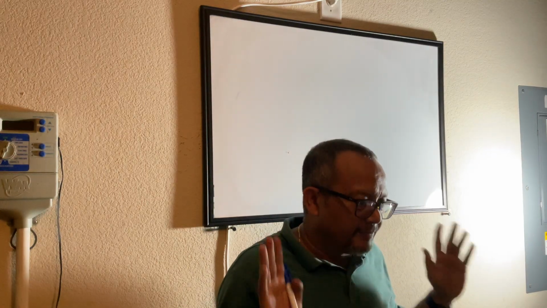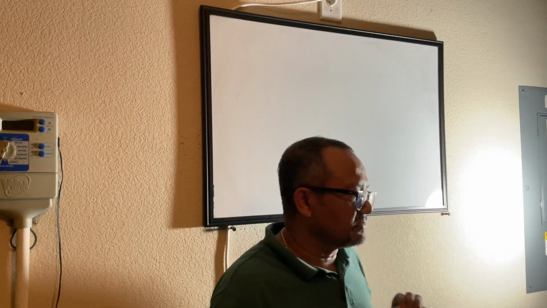So, first thing first, I will make some basic shapes on the board and check if each one of you are comfortable with those shapes, their properties, their basic formula for finding areas and perimeters, because that will be our building block for going to volume.